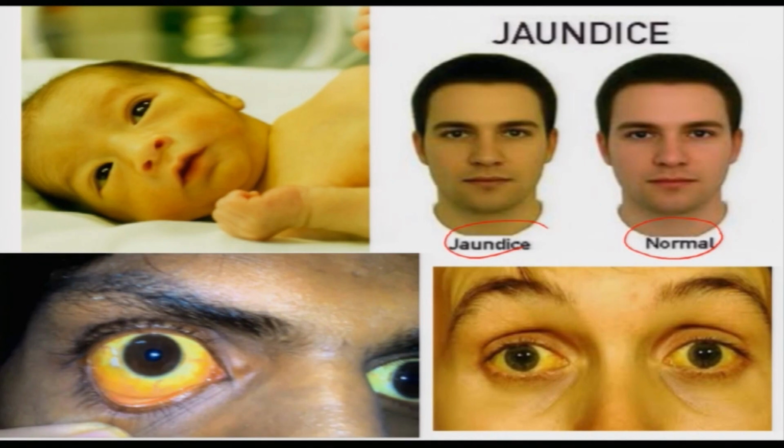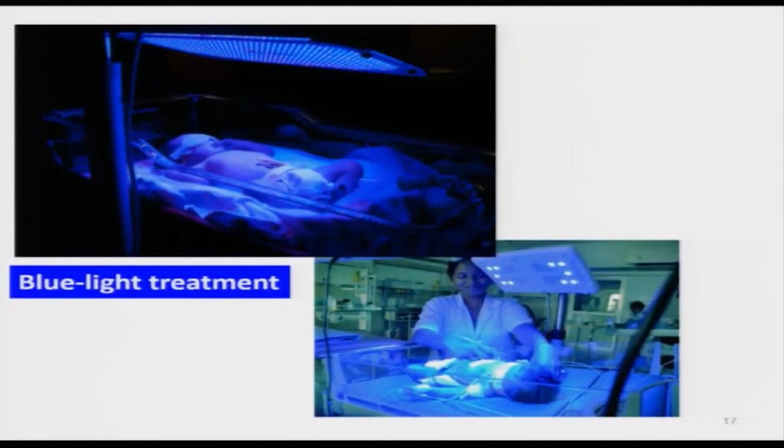So, this is very common, and if you go to a doctor for newborn baby jaundice, it is very easy to cure. If you go to a hospital, they expose the kid to blue light. So, it is called blue light treatment.